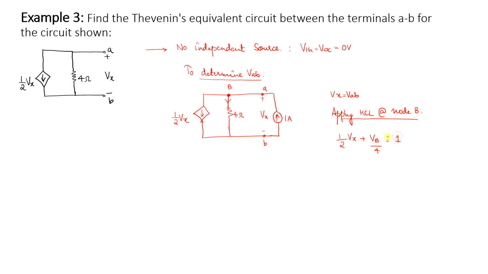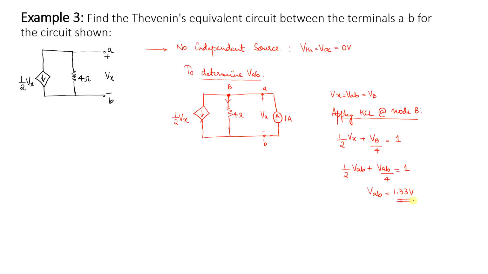The voltage VB is nothing but equivalent to VAB, or it is equivalent to Vx. So I can write this as half times, let me represent all of them in terms of VAB, so this is VAB plus VAB divided by 4 is equal to 1. So find out how much is the value of VAB. So VAB is equal to 1.33 volt.